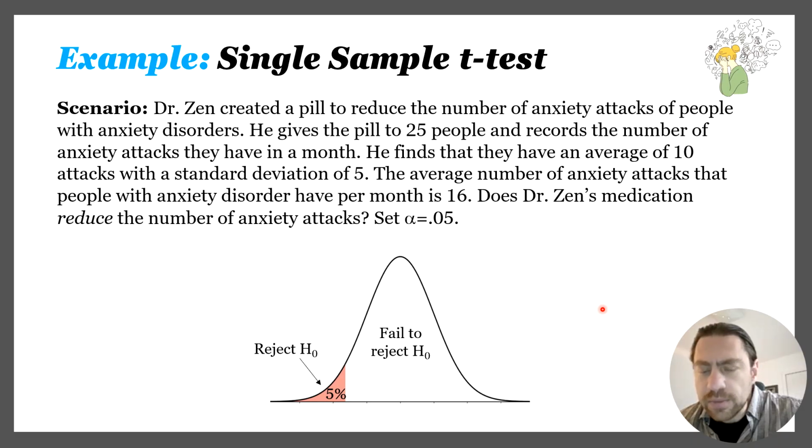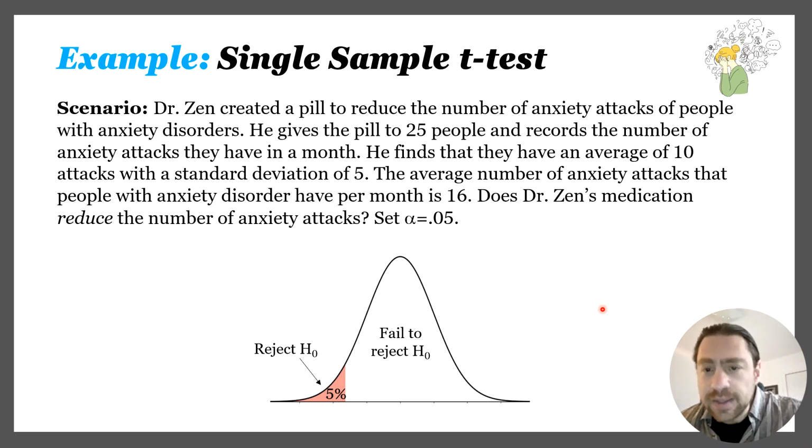Okay, so let's consider the following scenario. Dr. Zen created a pill to reduce the number of anxiety attacks of people with anxiety disorder. He gives the pill to 25 people and records the number of anxiety attacks they have in a month.